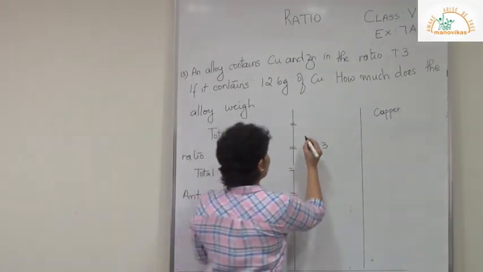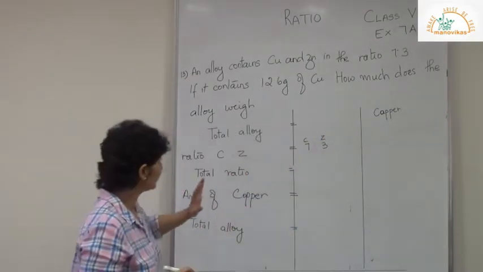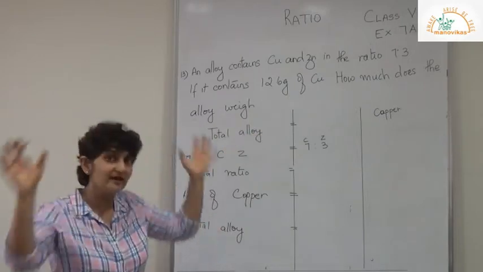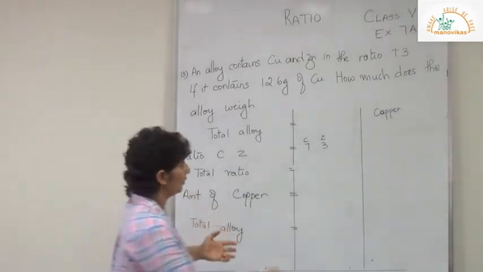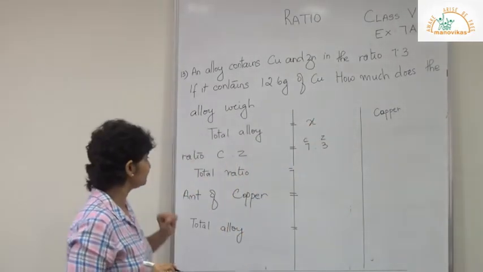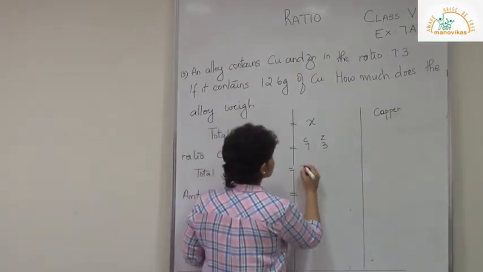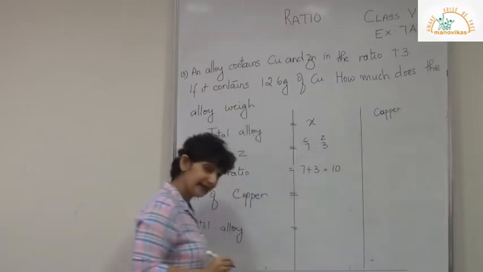That means I have 7 parts of copper and 3 parts of zinc. How much does the alloy weigh? The total is not given to me. I don't know, so let's put this as X. Total ratio I know. That is 7 plus 3, which is equal to 10.